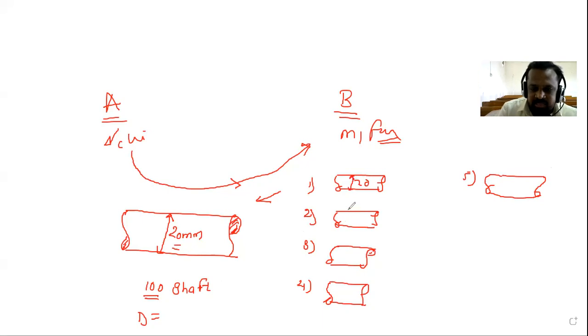Another is 19.99. Another is 20.01. Another is 20.05, like this. Such shafts they have manufactured.